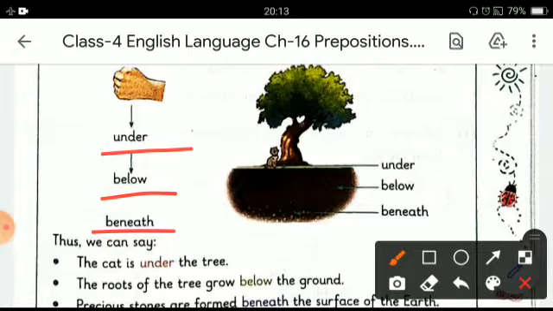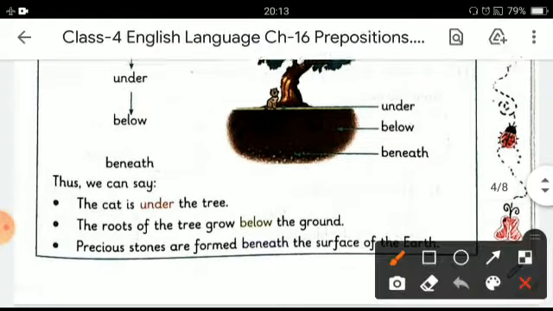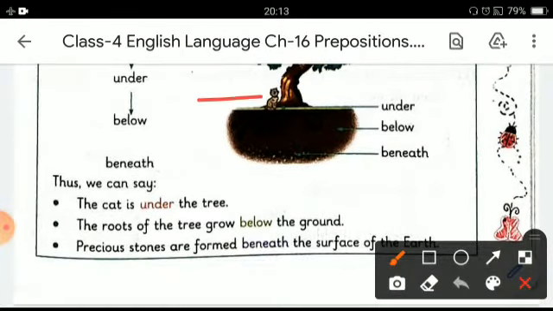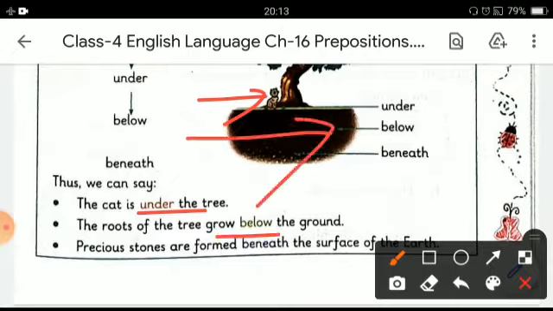So thus we can say that the cat is under the tree, low position. The roots of the tree grow below the ground. It's showing the lower position, and the precious stones are formed beneath the surface of the earth. So here beneath is showing the lowest position.